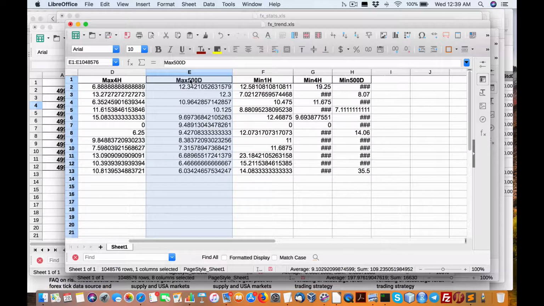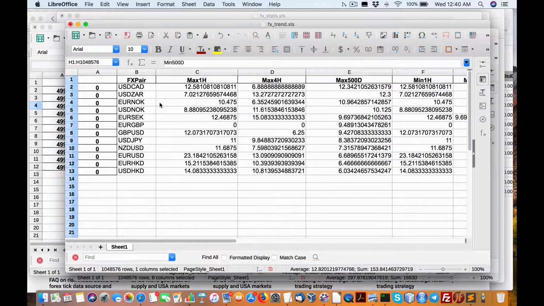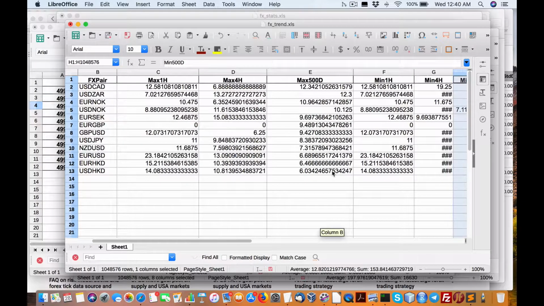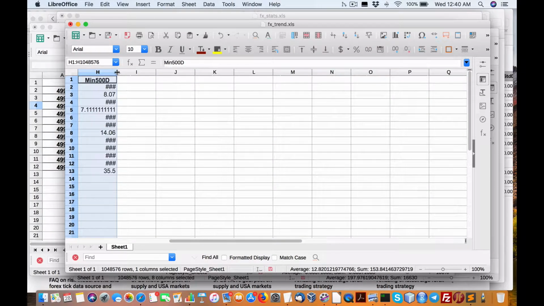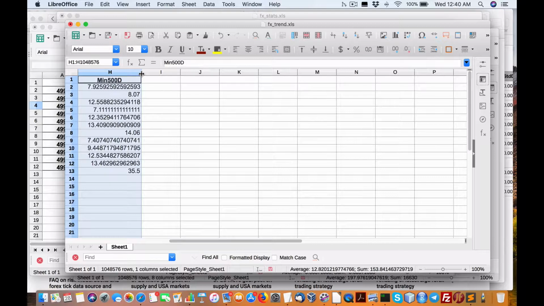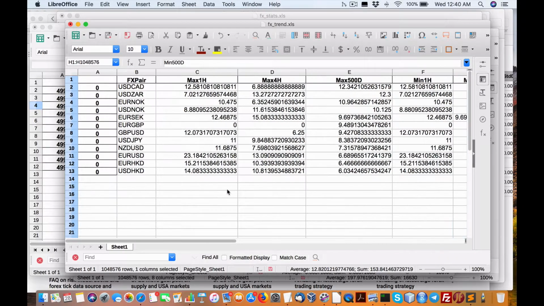Because I'm able to now sort them and have them represented in a data frame, or in a table, we can sort them and rank them based upon trend. These are the gradient of the slope of the angle for both lines, the green and red, so they're somewhat normalized.